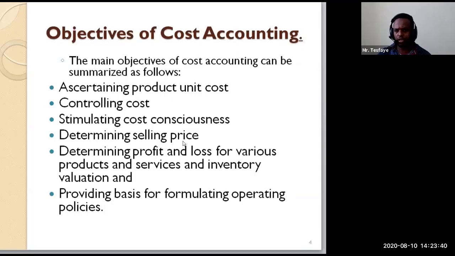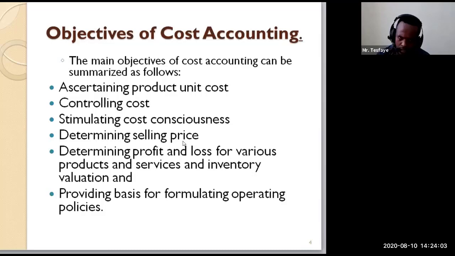When you see the objectives of cost accounting, we have different main objectives. The first one is basically ascertaining product unit cost. It's one of our objectives, determining, assigning unit cost for our products.